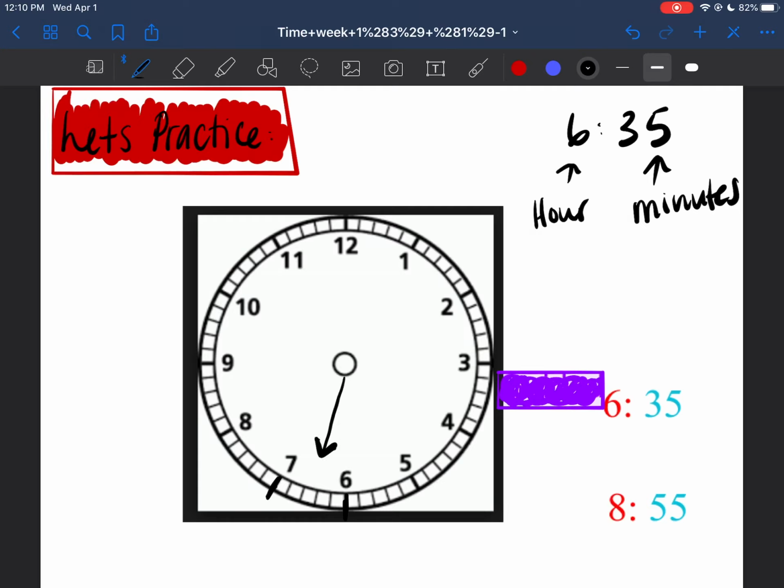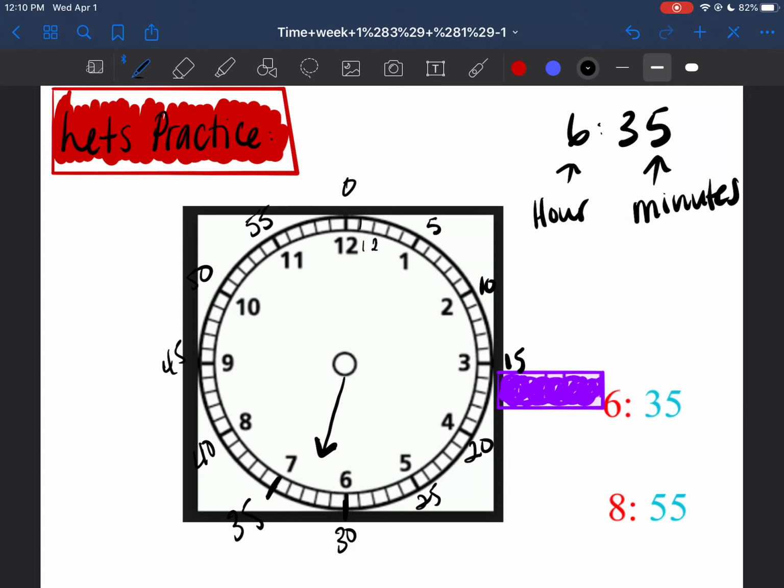All right, now let's represent our minutes. Where are 35 minutes on this clock? Well, I'm going to label my clock. 5, 10, 15, 20, 25, 30, 35, 40, 45, 50, 55. Remembering that the space in between, the tick marks in between, represent 1 minute.